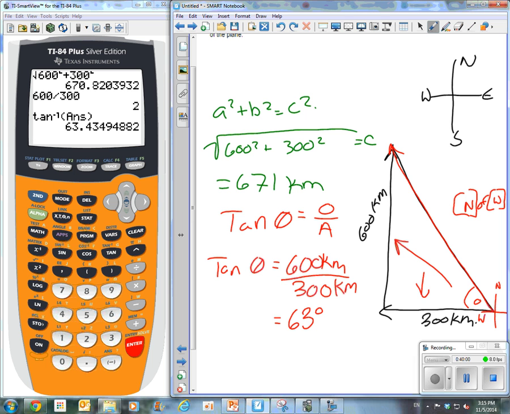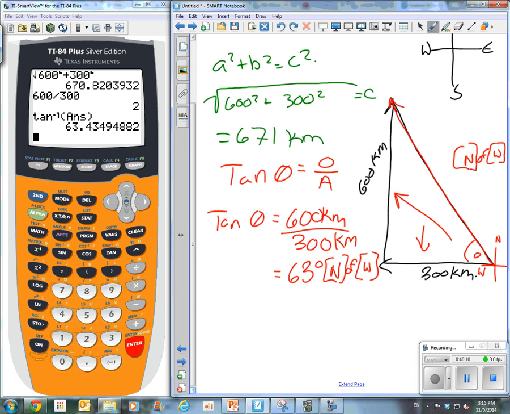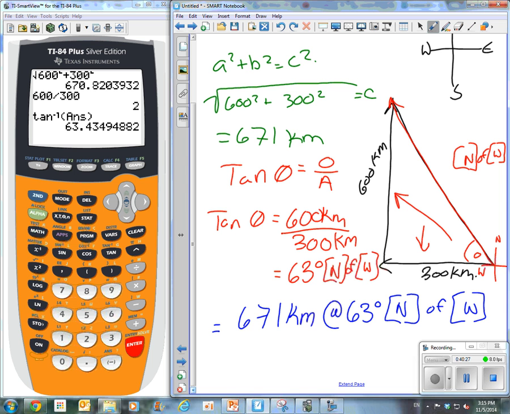And again, we said this would be north of west. Okay, so my total answer for this particular question is equal to 671 kilometers at 63 degrees north of west. All right.